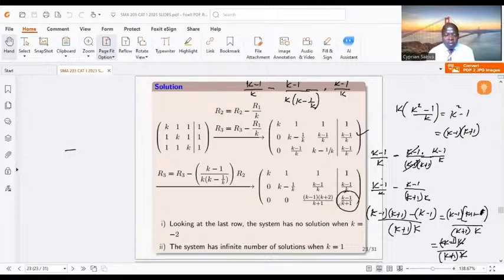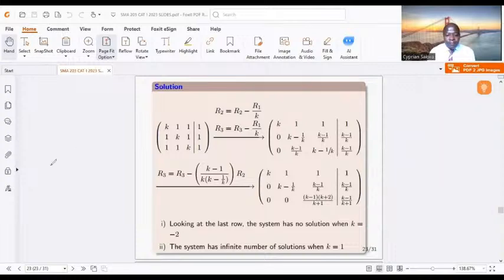And again, as I said, you go through, listen to it, pause, and then write properly, and you see what I've just explained. So the matrix now is in echelon form. The question is, what would be the value of k so that the system has no result?